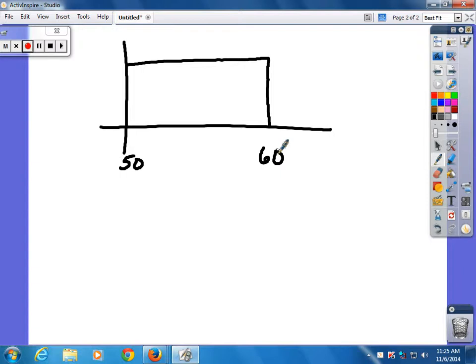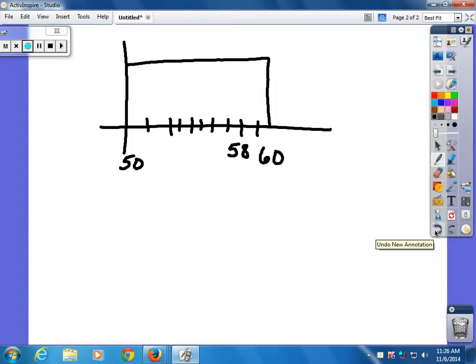They want to know what is the probability of that teacher going to 58 minutes. Counting the increments: 1, 2, 3, 4, 5, 6, 7, 8, 9, 10.